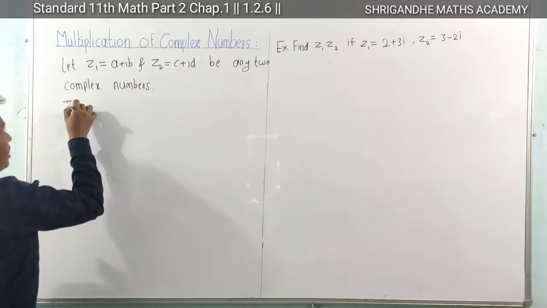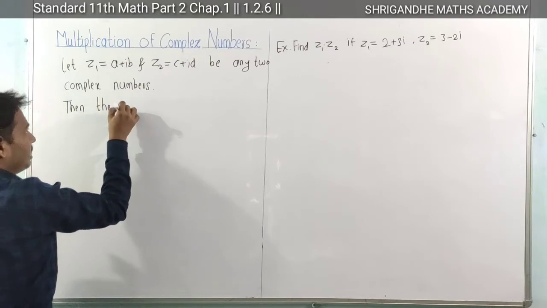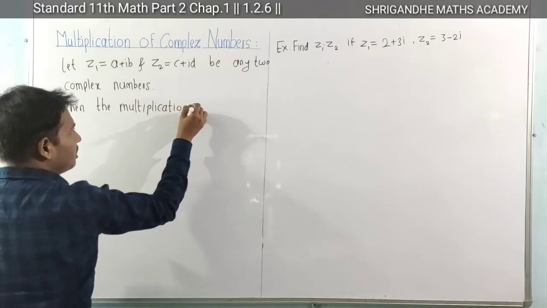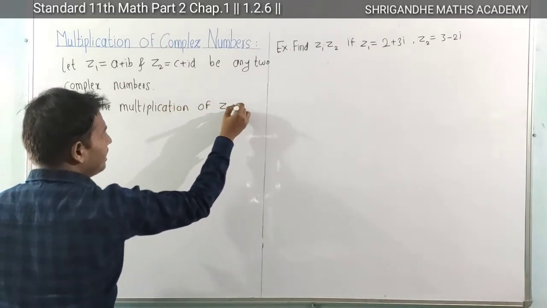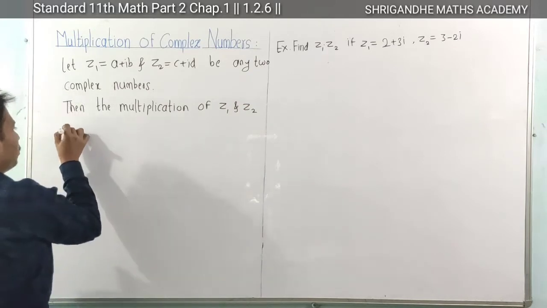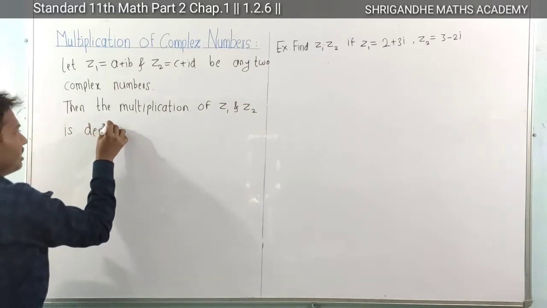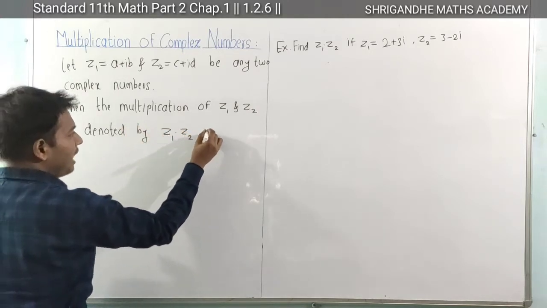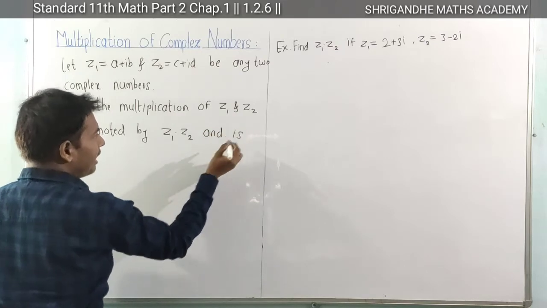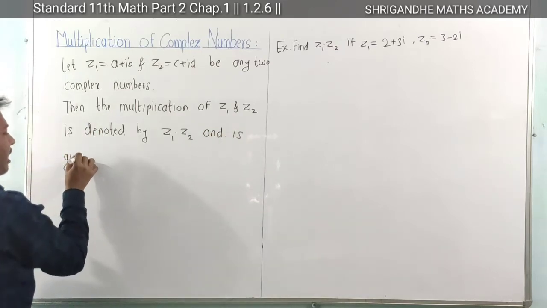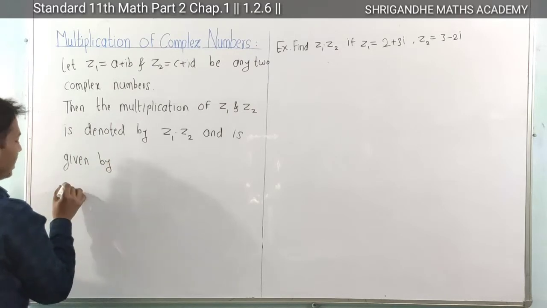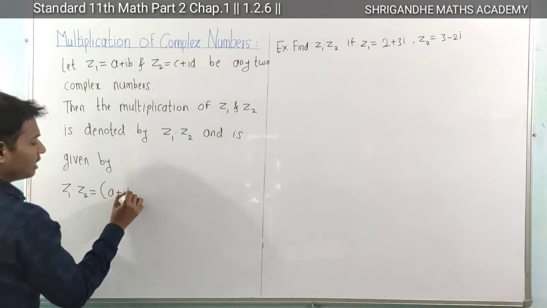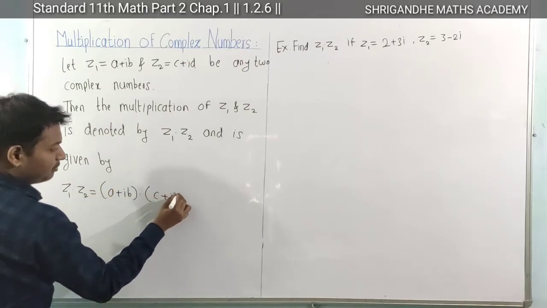Then the multiplication of Z1 and Z2 is denoted by Z1 into Z2 and is given by Z1 into Z2 is equal to A plus IB into C plus ID.